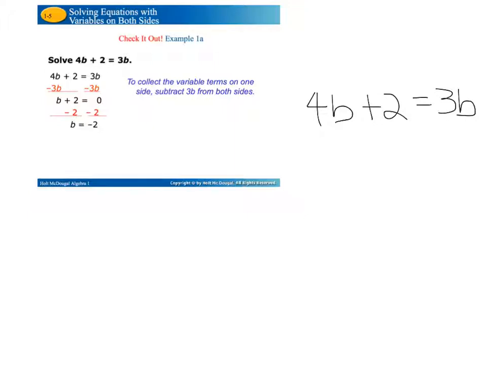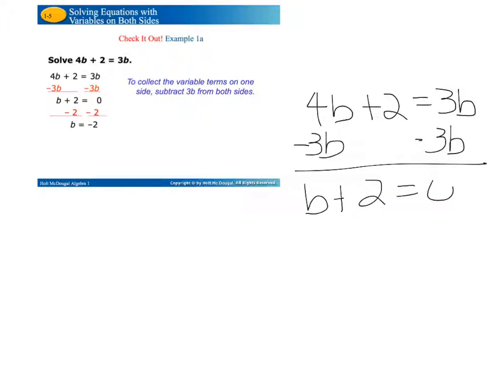But I'm going to show you moving it left and moving it right and how you can still get the same answer. If you do it like they showed in their example, they're trying to keep the b coefficient positive. So when they move the 3b over, you're now left with 1b plus 2 equals 0.